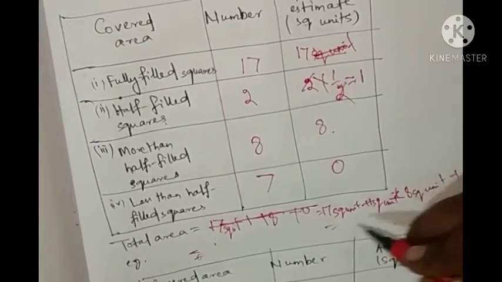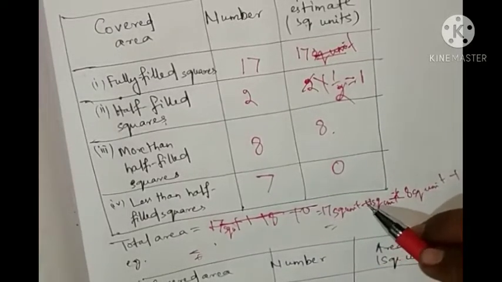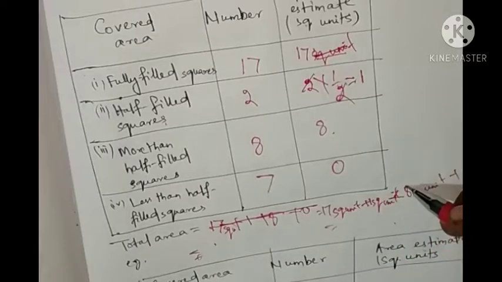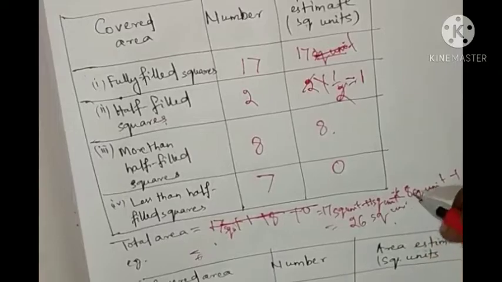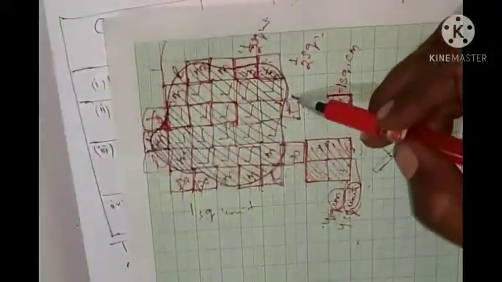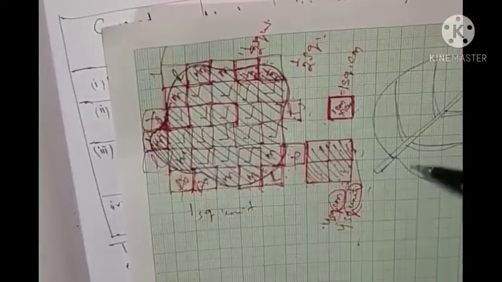So how much will you get? 17 plus 1, 18, 18 plus 8, 26. 26 square unit. So the area of this figure is 26 square unit.